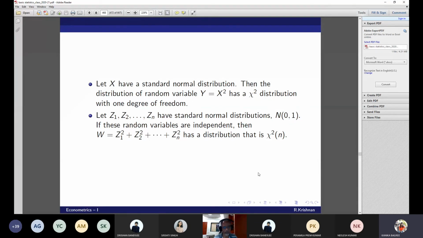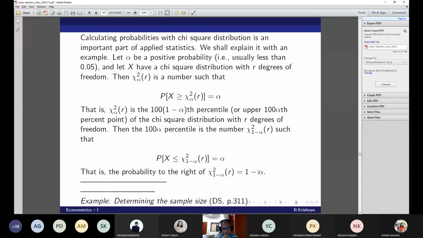Oh, okay. Let Z1, Z2, ..., Zn be standard normal random variables. If these random variables are independent, then the sum of the squares of these random variables has a chi-square distribution with n degrees of freedom. Proving all these things is mundane, standard, routine stuff, so let me not prove it, but these results are very important, which we'll use later, for calculating probabilities.